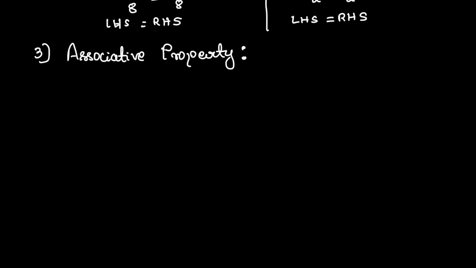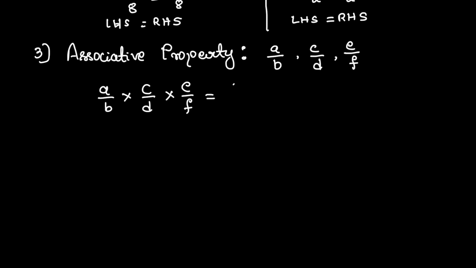For associative property, we should consider three rational numbers. Those rational numbers are in the form of A by B, C by D, and E by F. The formula of associative property is A by B into (C by D into E by F).